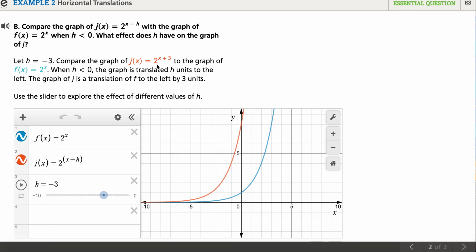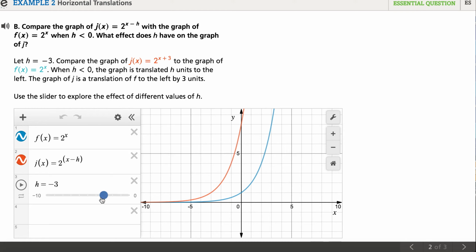When h is less than 0, the graph is translated h units to the left. The graph of j is a translation of f to the left by 3 units.